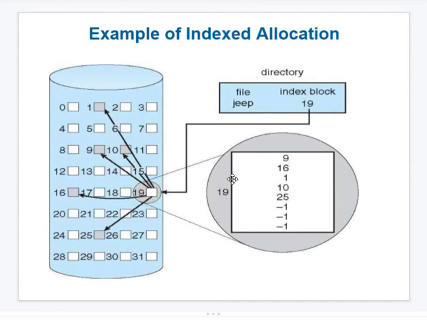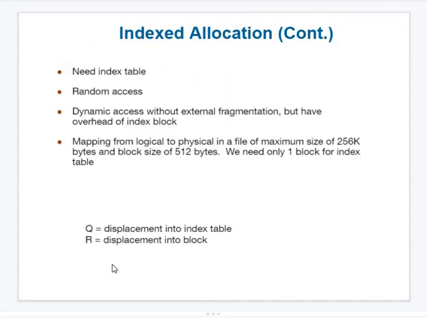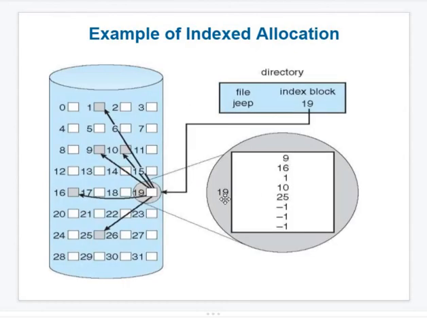So indexed allocation always supports direct access. What do you mean by direct access or random access? Direct access means, you can see there is a number 9th. It will never search here and there. Directly it will go to that location and get the data. So that is called direct access.